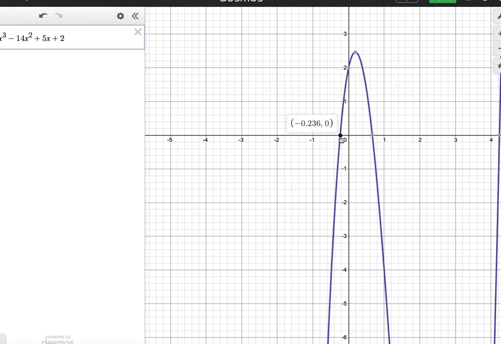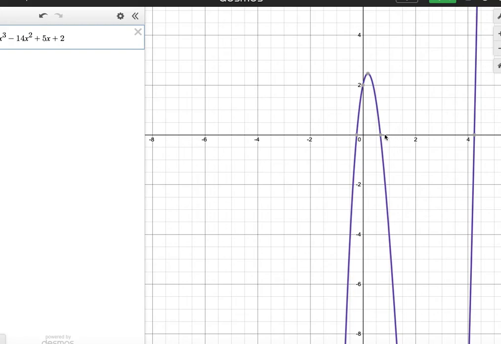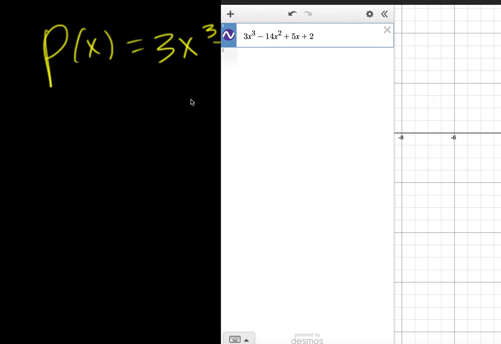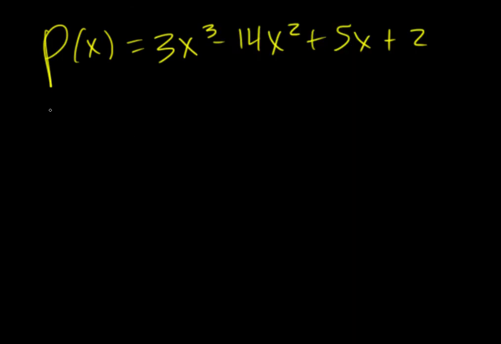Okay. So we look at this, that looks irrational, that's rational, and that's irrational. So we're going to use this one that's probably 2/3. And we're going to assume that's one of the zeros.